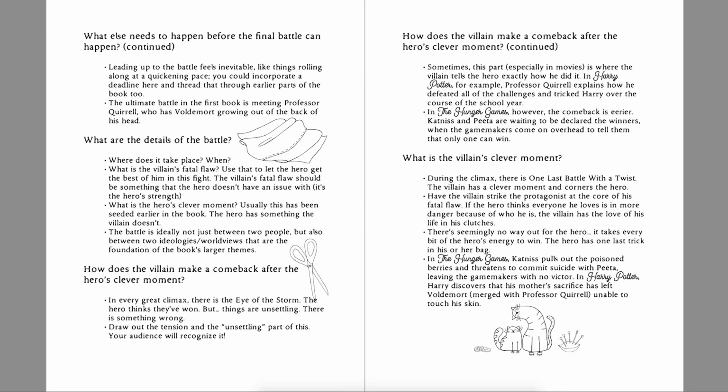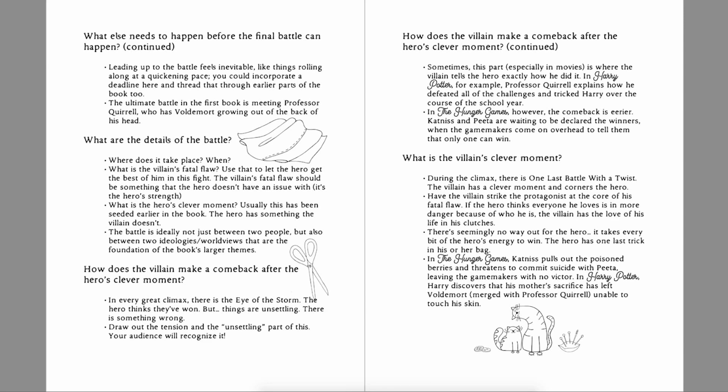Sometimes in this Eye of the Storm section, there's an explanation as well. In the Hunger Games, there was not that explanation, which was really nice. The only explanation was in Katniss's mind.